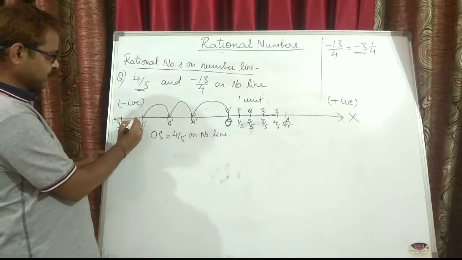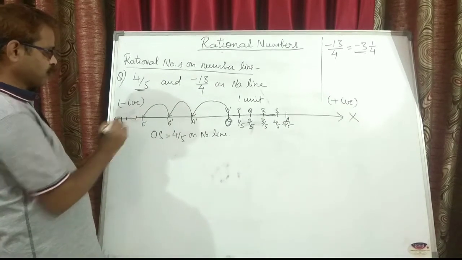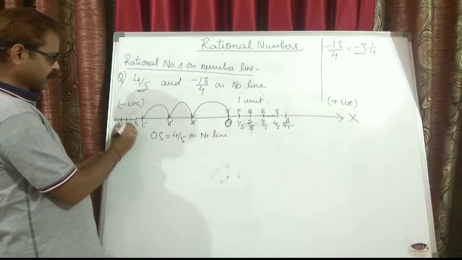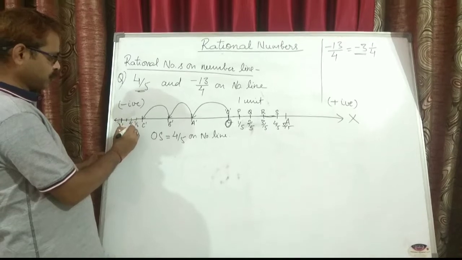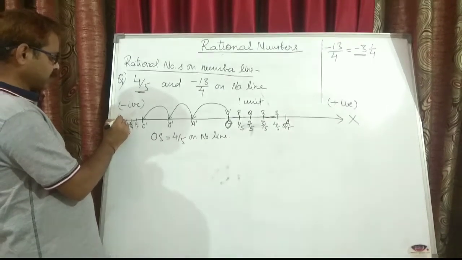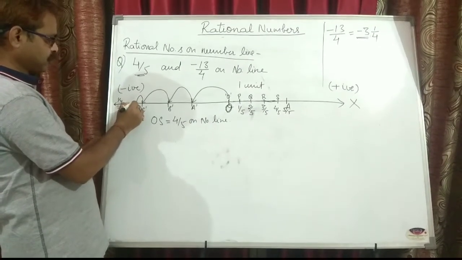So I am dividing it into 1 part, 2, 3, and 4 parts. Now this is 1 upon 4, this is 2 upon 4, this is 3 upon 4, and this is 4 upon 4. So we need minus 3 and 1 upon 4.